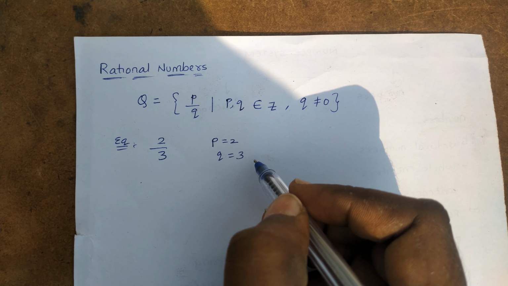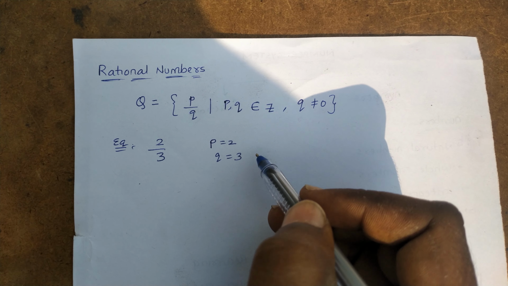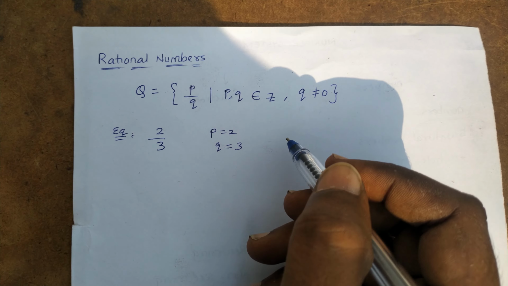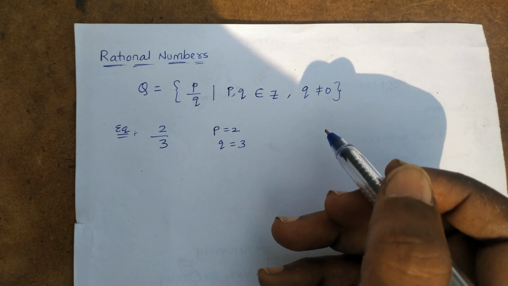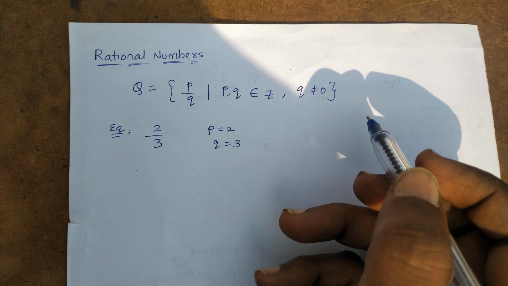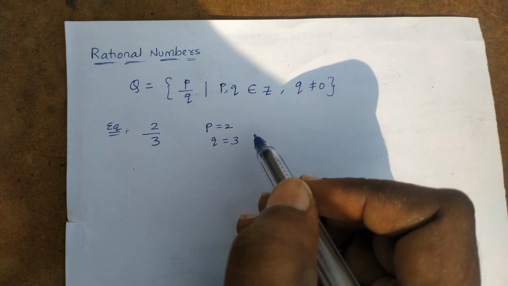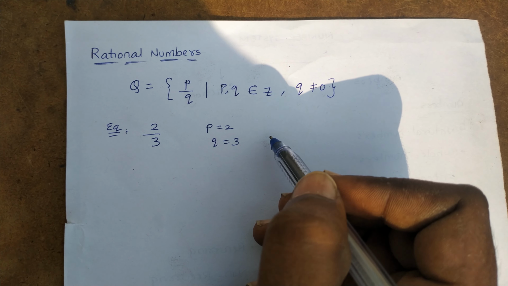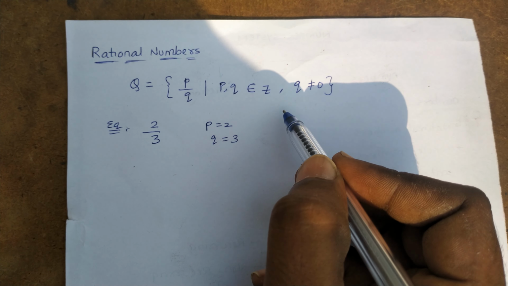Yes. 3 is also an integer. Integers means any number from minus infinity to plus infinity, that means all the positive natural numbers, negative numbers and including 0. All the numbers come under integers, right? So 2 is an integer, 3 is also an integer, so p comma q, that is 2 comma 3, belongs to integers.